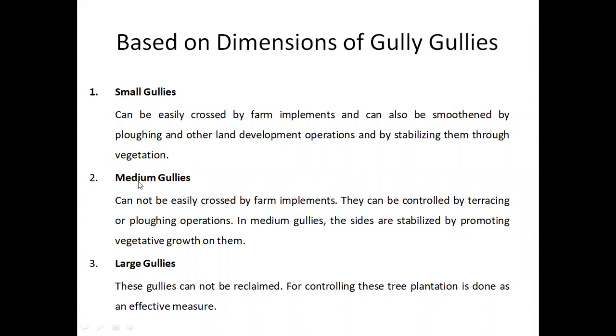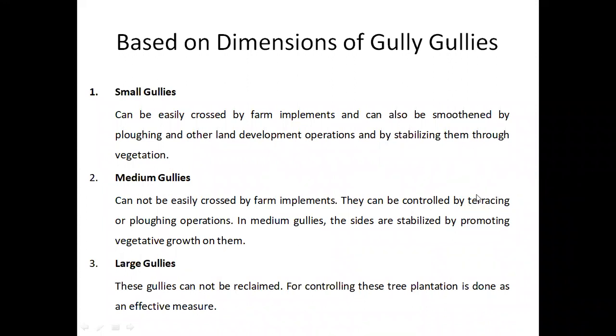Now, what are the medium gullies? Medium gullies cannot be easily crossed by the farm implements, right? Small gullies can be crossed by the farm implements, but medium sized gullies cannot. Small size gullies can be controlled by some plowing or land development operations, but medium sized gullies are controlled by terracing, right?